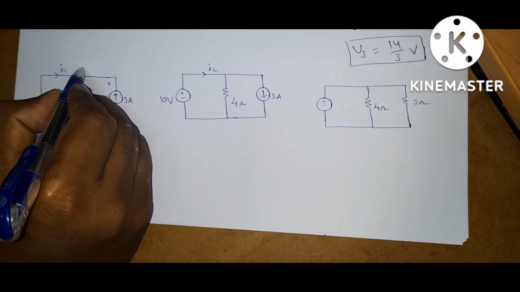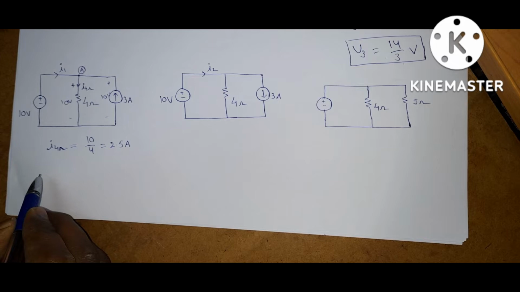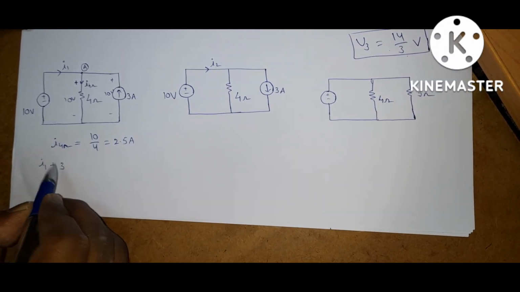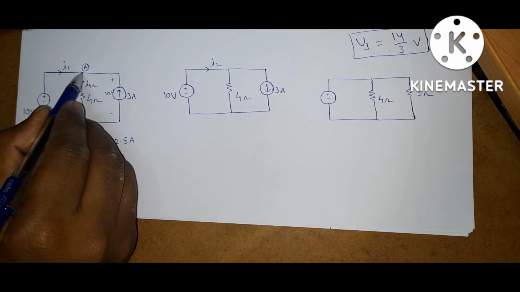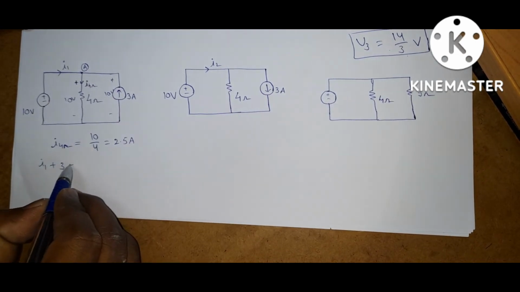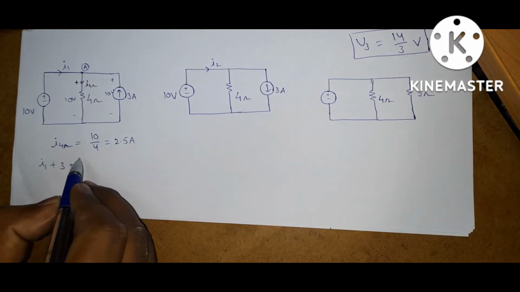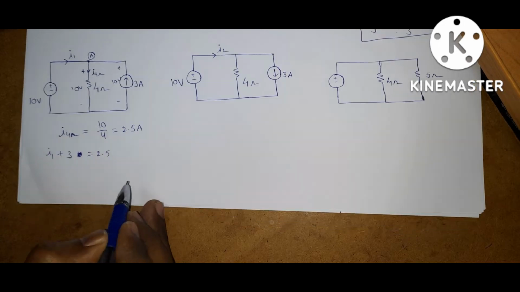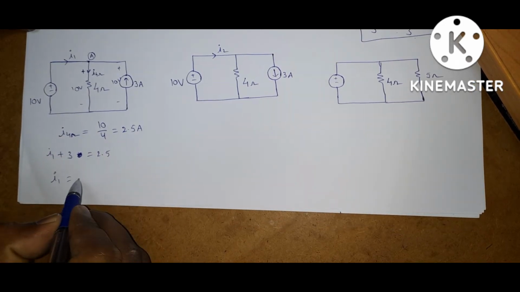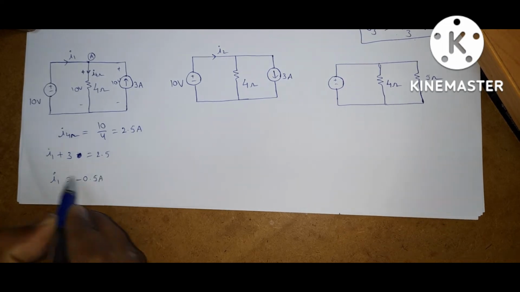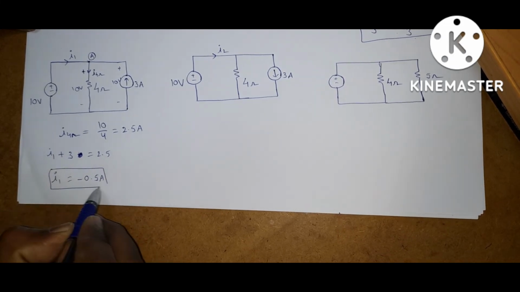Let this be node A. Apply KCL at node A. The incoming currents are I1 plus 3, and the leaving current is 2.5 amps. So I1 plus 3 is equal to 2.5. Now what is I1? I1 is equal to 2.5 minus 3, which is minus 0.5 amperes.